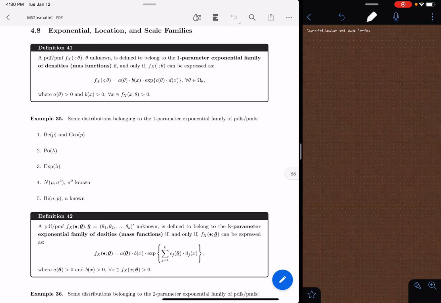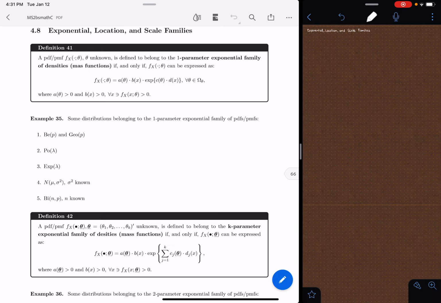That's for the case of continuous random variables, or the one parameter exponential family of mass functions. There's a typo there. Mass should be double S, and that's the case where the random variable or the distribution is for the discrete random variable.